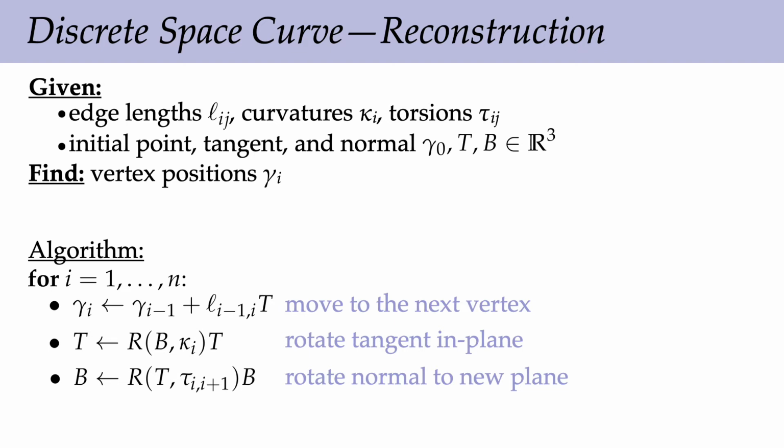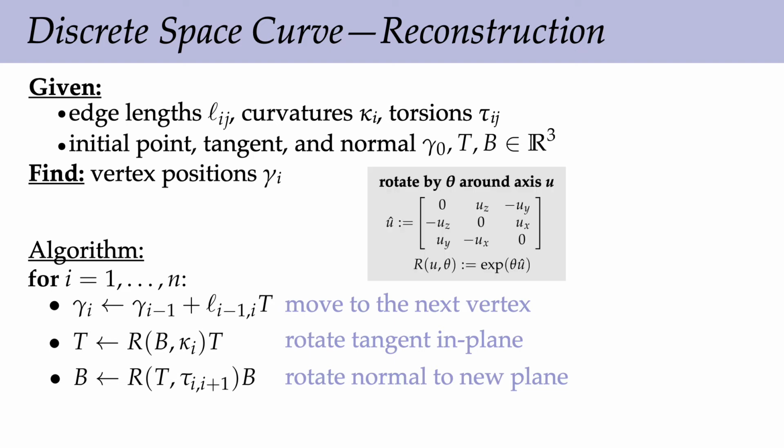Really, really simple, and maybe the only piece of this that's not utterly trivial to compute is this rotation. So I've written R of u, theta to mean I'm going to rotate around the axis u by an angle theta. One of many possible ways to write this is as the matrix exponential of the angle theta times, not the vector u anymore, but a little 3x3 skew-symmetric matrix representing this rotation.